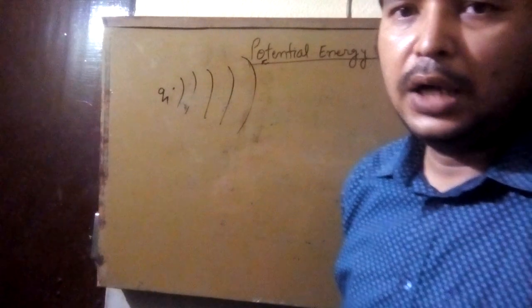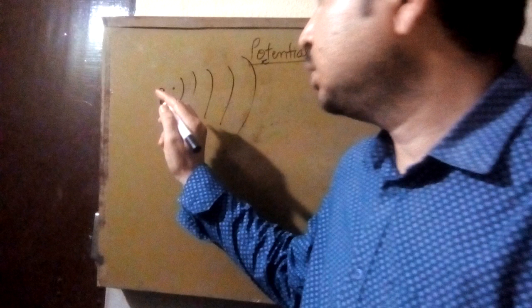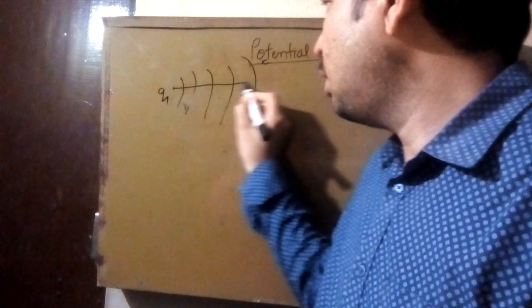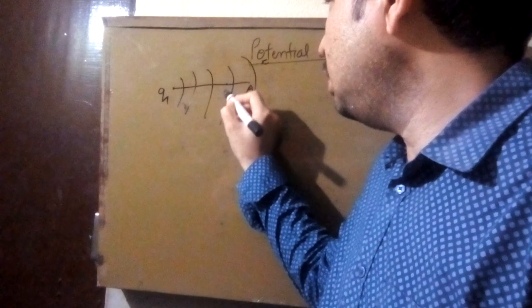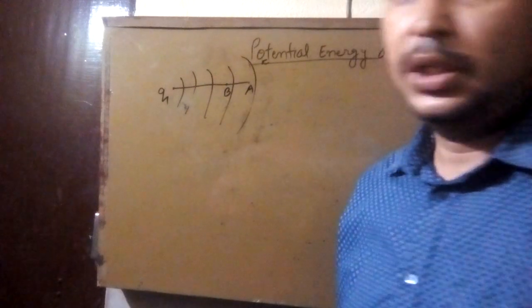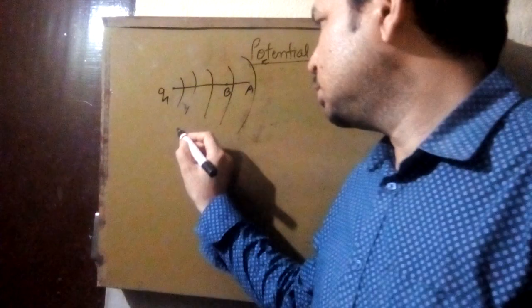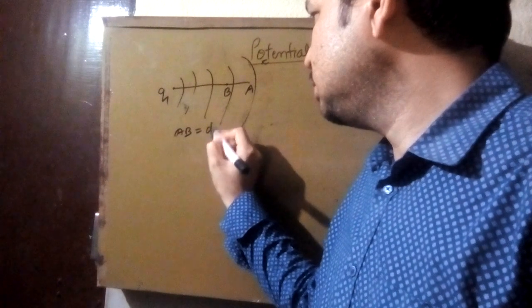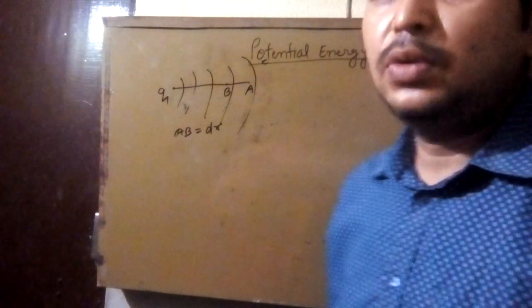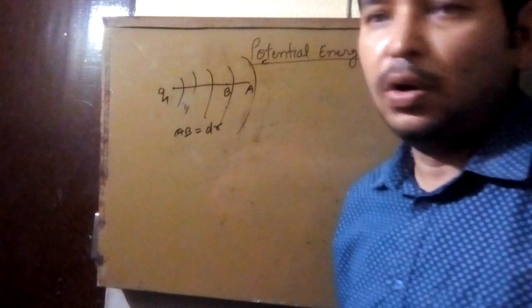Now we are supposing 2 points in the electric field of this charge, point A and point B. These points are very close, and the distance AB is dr, which is very small.